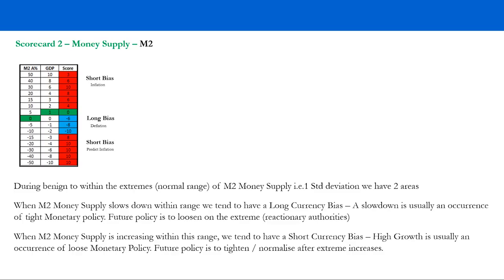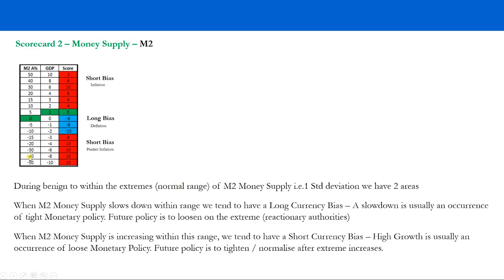And within the normal bounds, this is in the significant minority, so we actually scorecard quite highly here. So when M2 money supply is being slowed down by the Federal Reserve, we tend to have a long currency bias because the slowdown is an occurrence of tighter monetary policy.